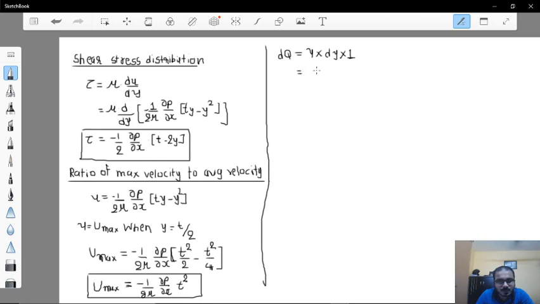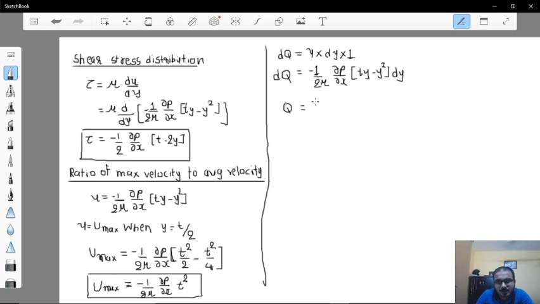So this equals to minus 1 upon 2 mu del p over del x, here we have this value, minus 1 upon 2 mu del p over del x into t y minus y square into dy, and here we need to integrate this from 0 to t.